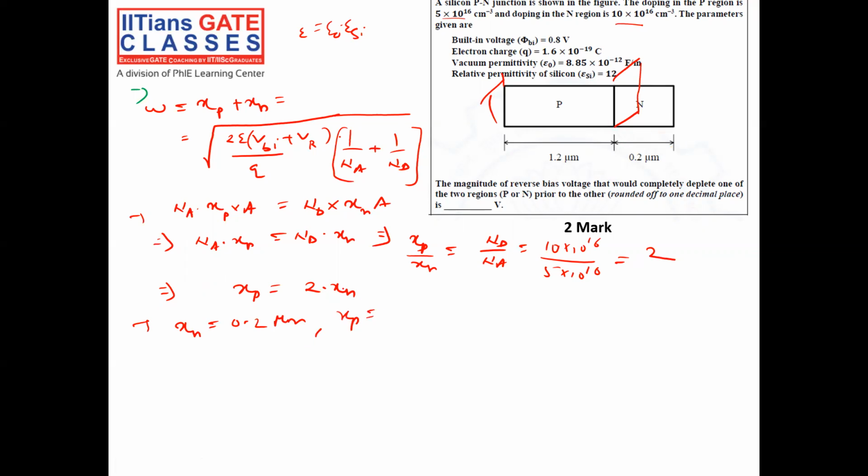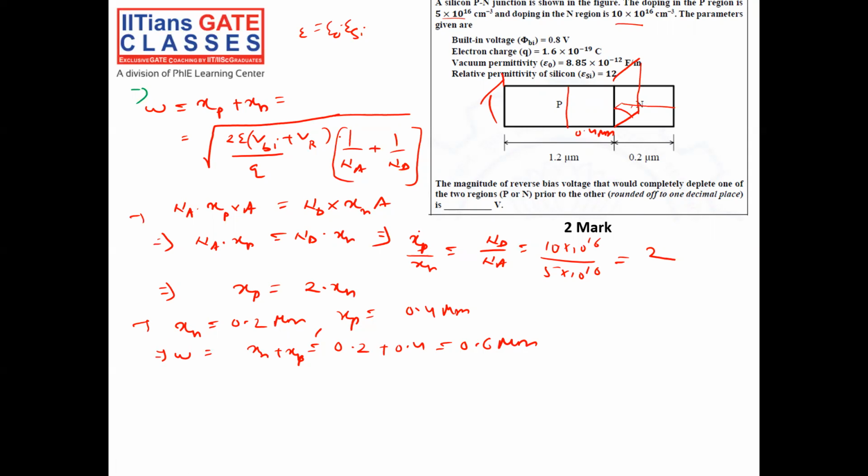XP is equal to 2 into Xn, so it will be 0.4 micrometer. So the total width of the depletion region will be Xn plus XP, which is 0.2 plus 0.4, equal to 0.6 micrometer.